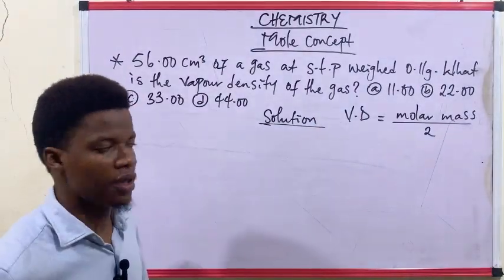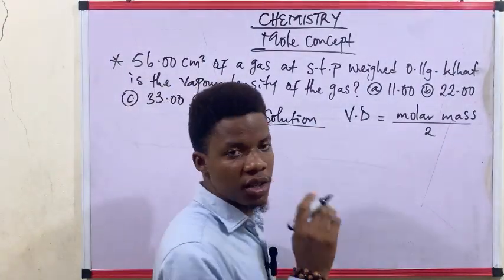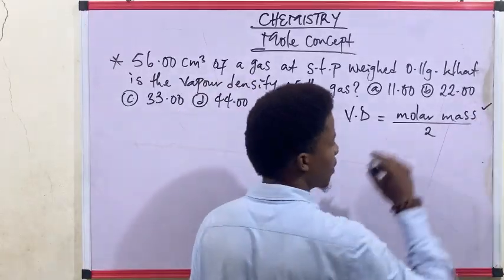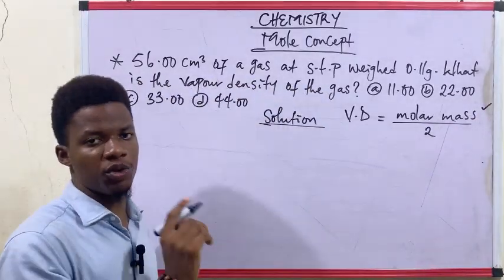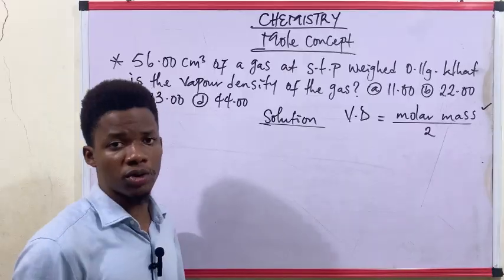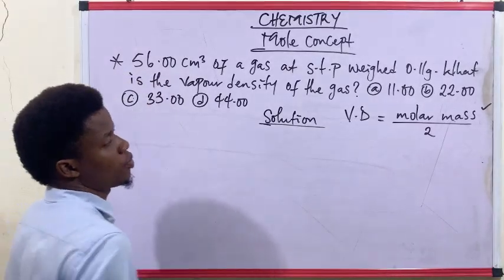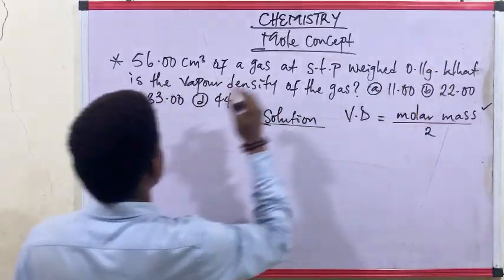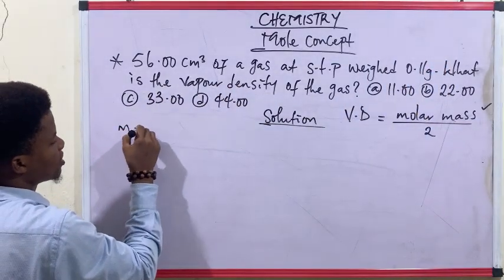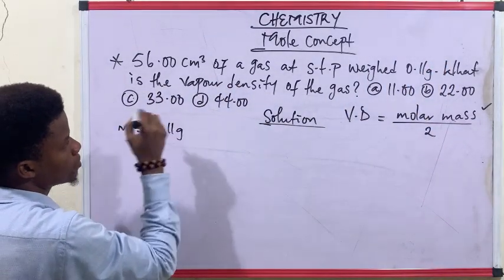So it therefore means that before we find vapor density, we need to know our molecular mass. So we need to find molecular mass so that we can find our vapor density. Now, how do we find molecular mass? We were given 0.11 gram, so our mass is 0.11 gram.